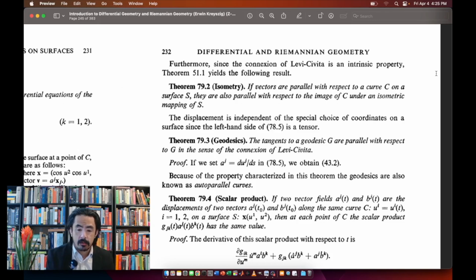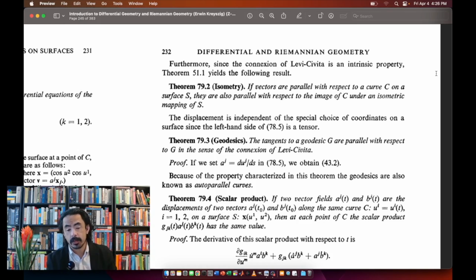And again, I will say really quickly that all of these are in the corresponding sections of the differential geometry book, but these little descriptors on the theorems like isometry, geodesics, scalar product that we see here are actually missing in this copy here, the second edition, if you will, of differential geometry. So that's why I partly chose reading from this book, the third iteration, for these sections. So hopefully you appreciate that.